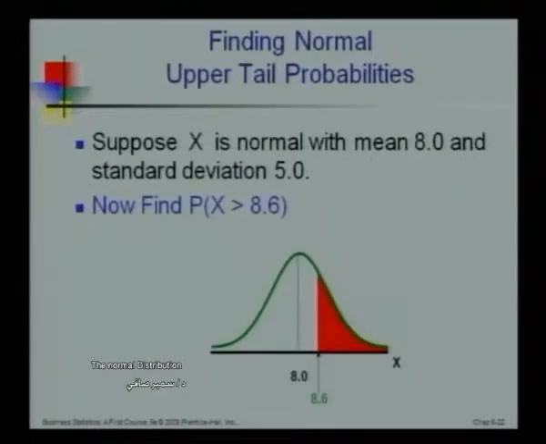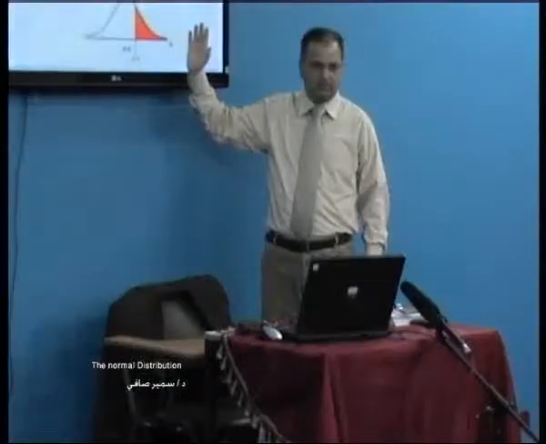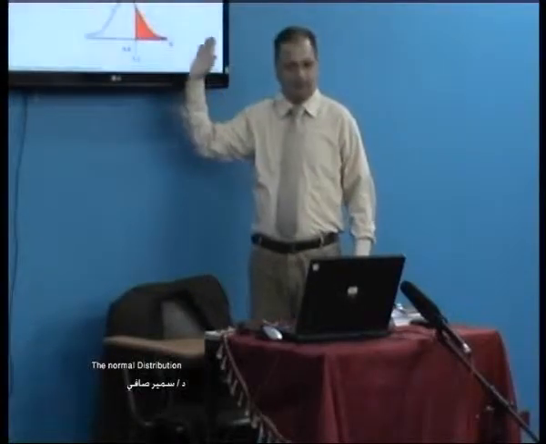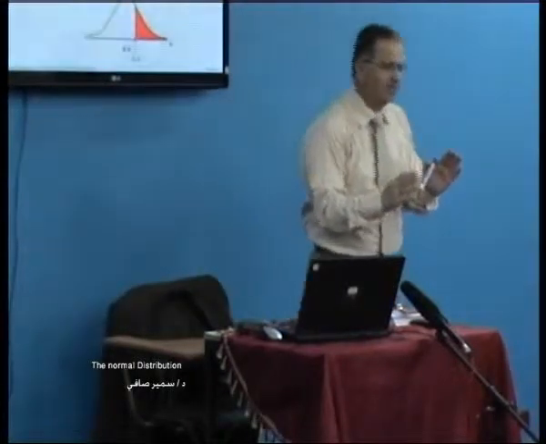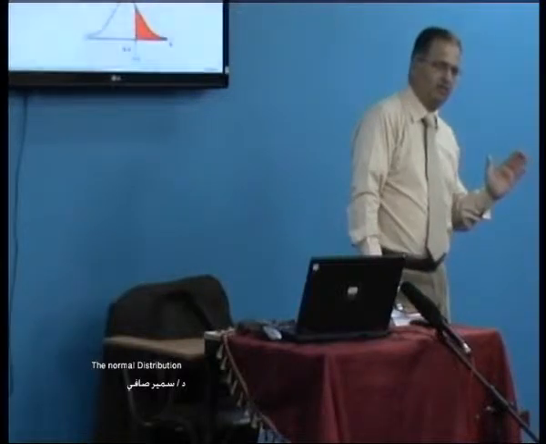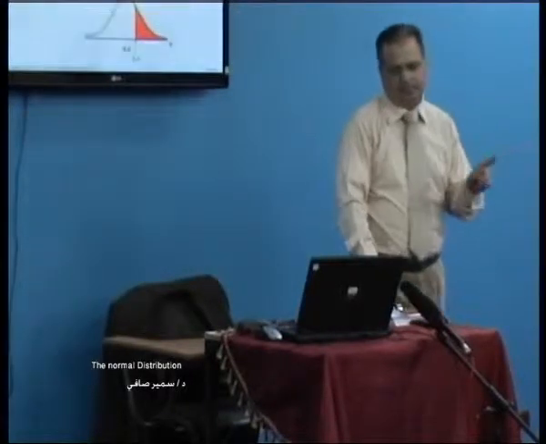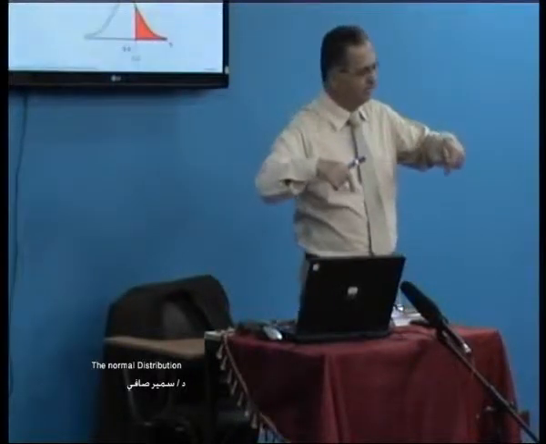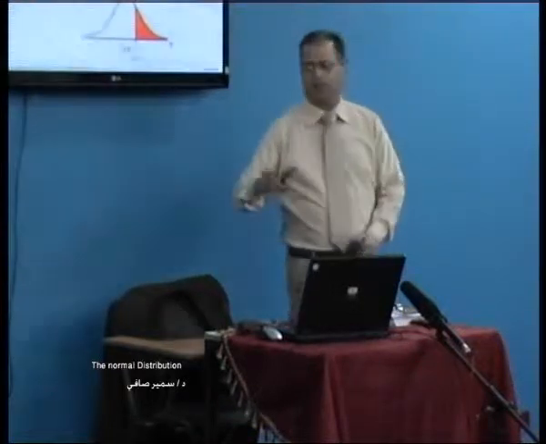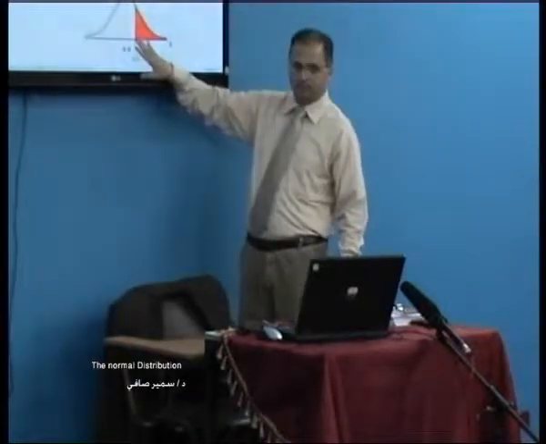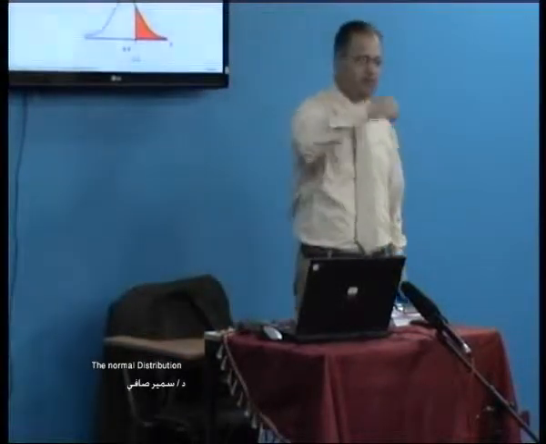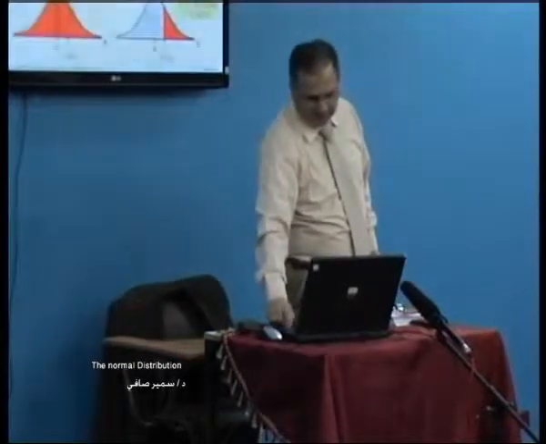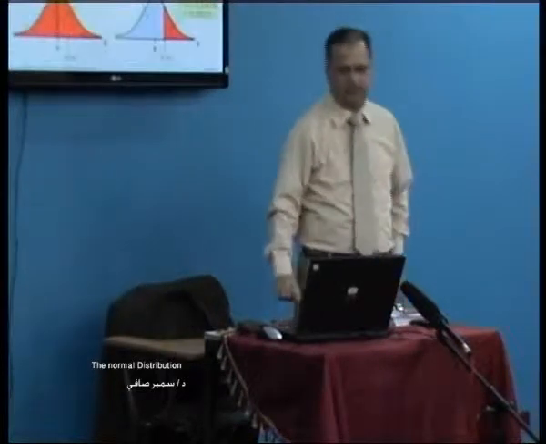Now, for the other case, we are looking for the probability of x greater than 8.6. So we are looking for the upper tail probability. The table we have gives the area to the left side. And we know that the total area underneath the normal curve is 1. So the probability of x greater than 8.6 is the same as 1 minus the probability of x less than 8.6.